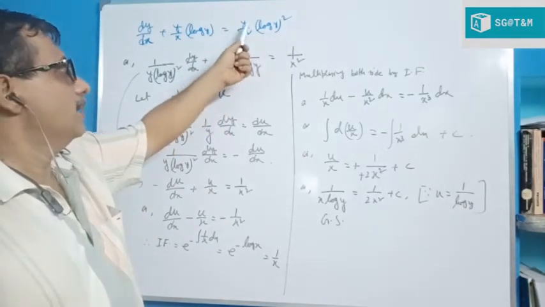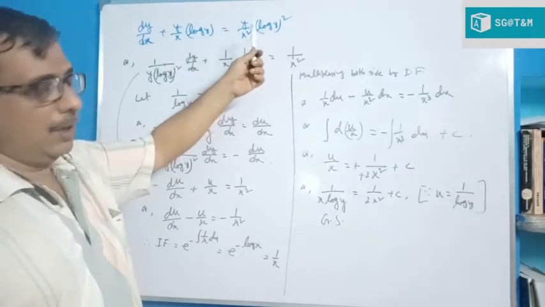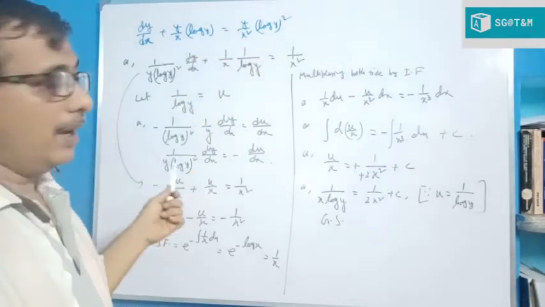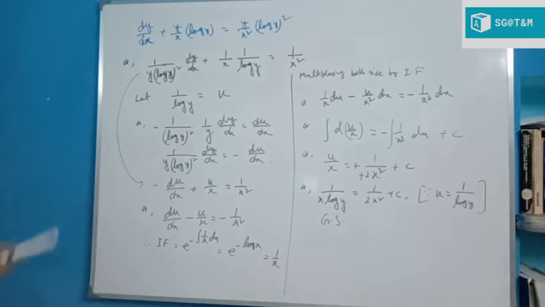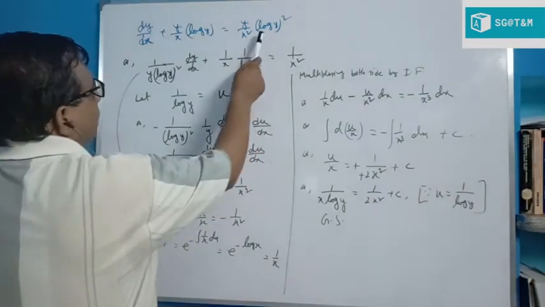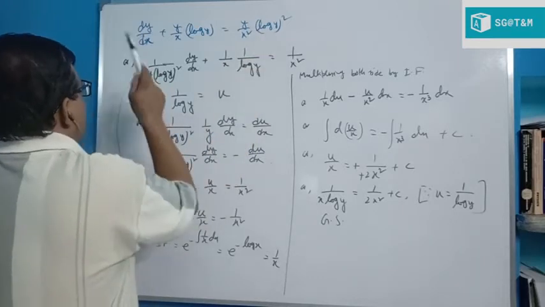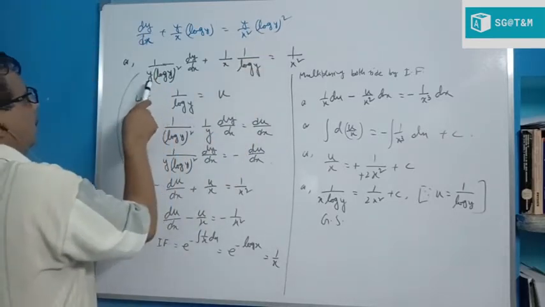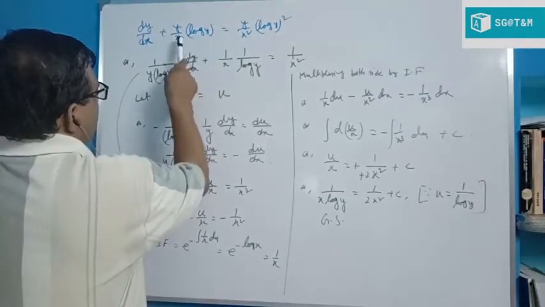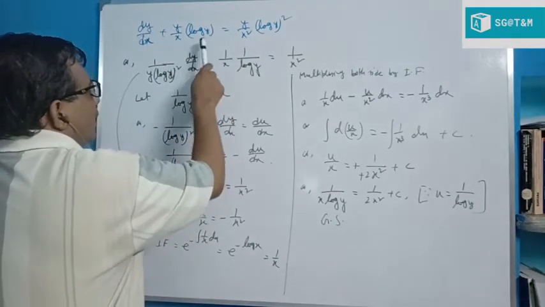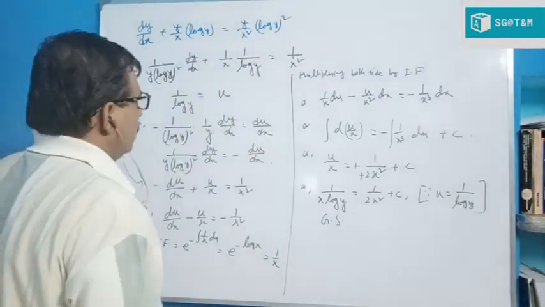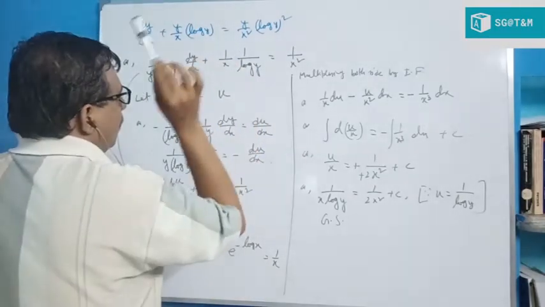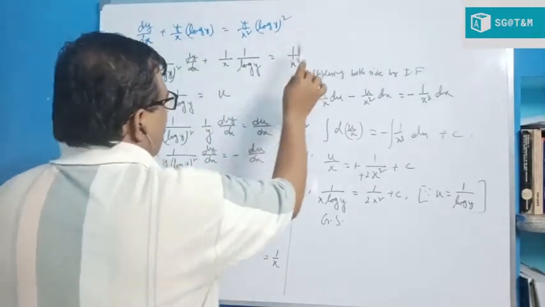If we divide both sides by y into (log y) whole square, then the right hand side is free from y. So it will be 1/(y (log y)²) dy/dx, and then y cancels out and one log y cancels out. We get 1/log y, and on the right hand side 1/x².